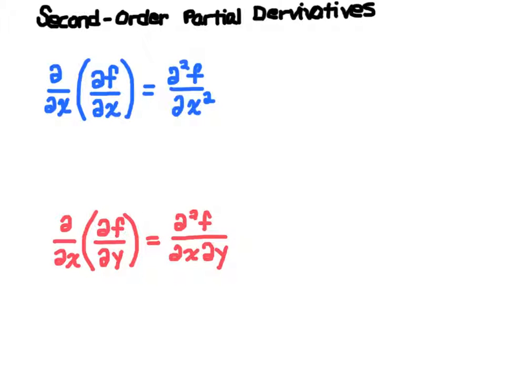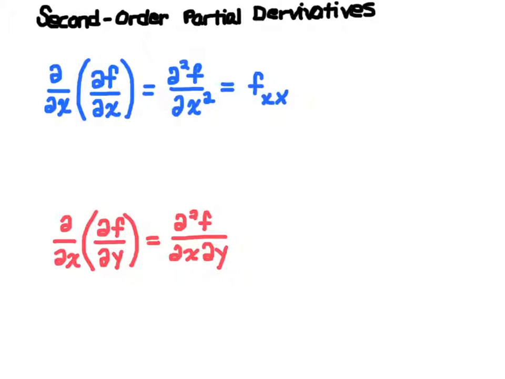Now, this top one can also be written as the second partial derivative of f with respect to x this way. And we have two x's, which tells us that we are taking the partial derivative first with respect to x and then with respect to x again.